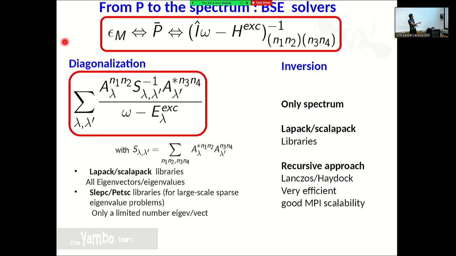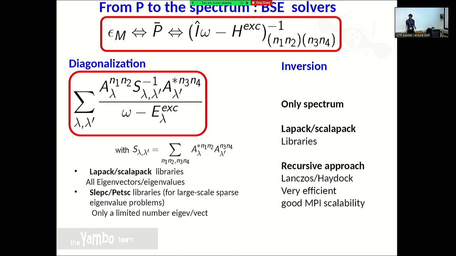Then on the other side, we have the diagonalization. The big advantage of doing really a diagonalization of this excitonic matrix is that you will get the excitonic eigenvectors. The excitonic eigenvectors here are represented by these capital A, N1, and N2. And again, you can do a brute force diagonalization.